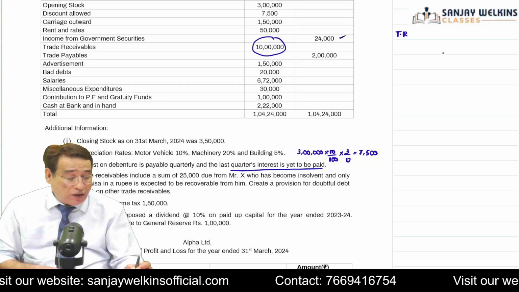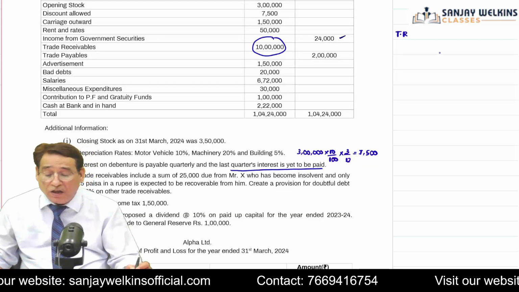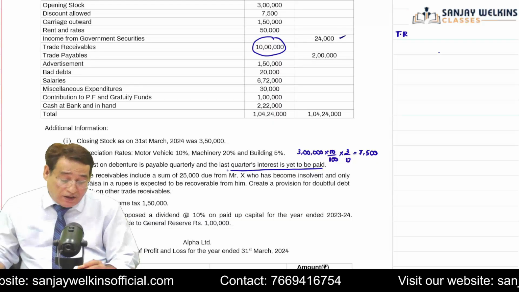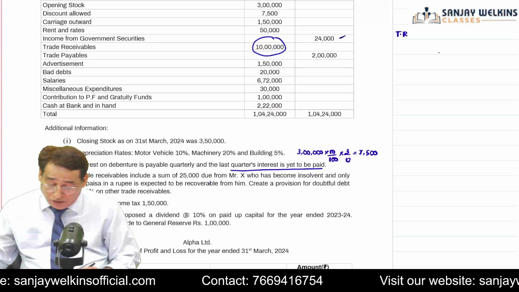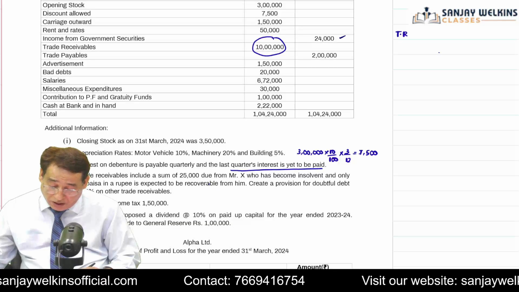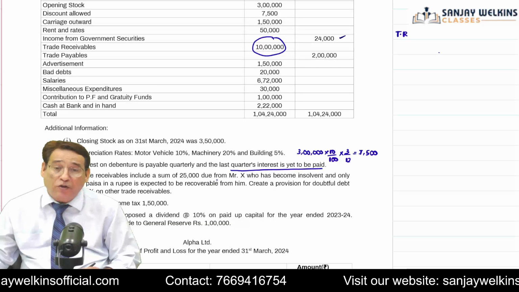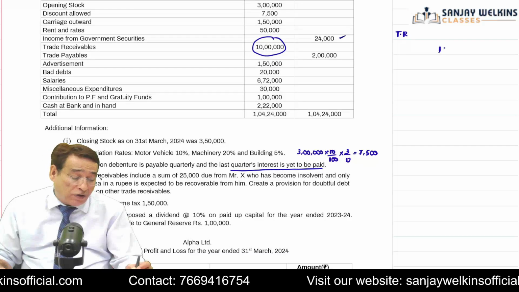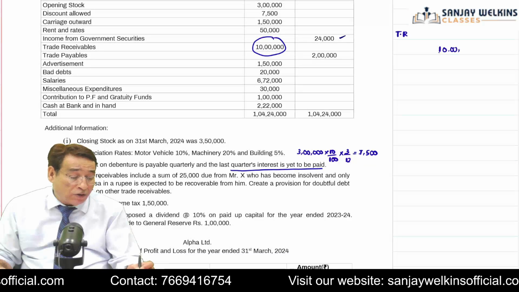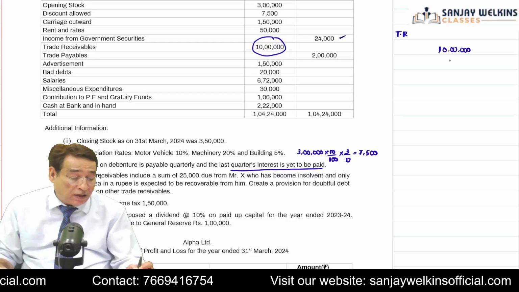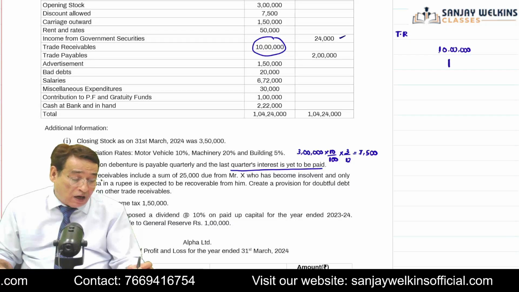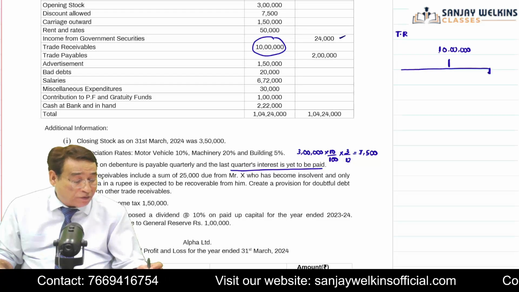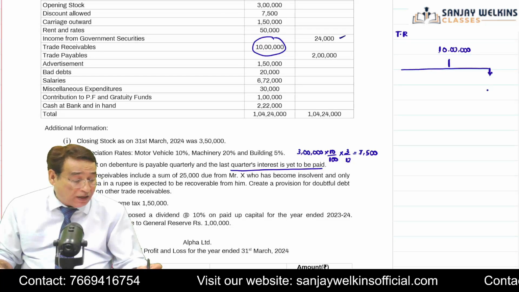So what I am doing is segregating these debtors into 2 parts, because the question has stated below that trade receivable includes a sum of 25,000 due from Mr. X. Total debtors is equal to 10 lakh, no doubt about that. Now the question says that out of these 10 lakh, we are supposed to receive 25,000 from Mr. X.